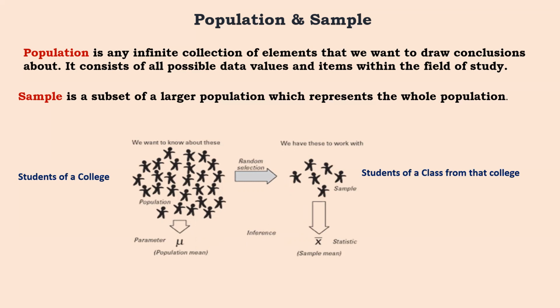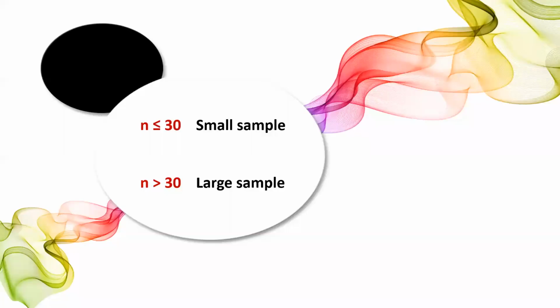Here, if we want to know about the population, which is represented by mu as the parameter, a random selection is done where from the population we are taking some values, which is also known as the sample, and that is further known as x bar or the sample mean, which is used for the inference. In the further video, we'll see how we go step by step using the hypothesis, and we draw the conclusion by that.